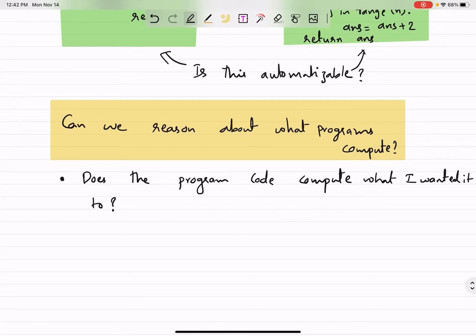Can you do this in some mechanical way, or even better, by writing a program itself? Another version of the same thing is I give you two programs. Are they computing the same thing?